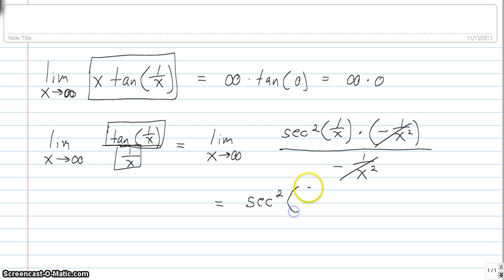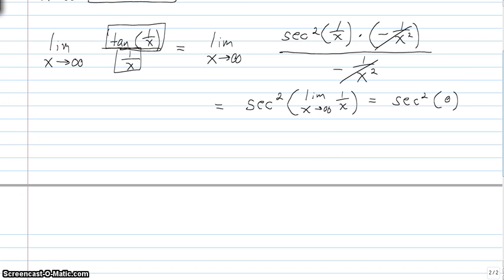and apply the limit as x goes to infinity, 1 over x, which of course we know is 0, secant squared of 0, and if we remember our basic trig identities, secant is the reciprocal of cosine.